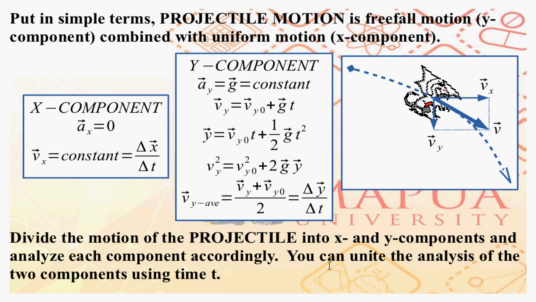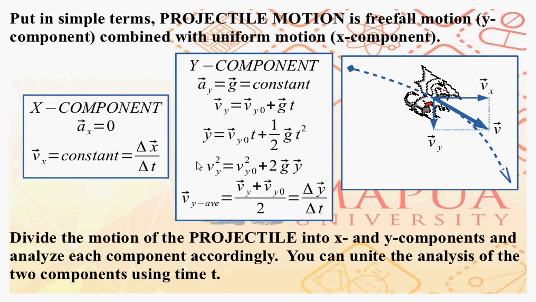So we can unite the analysis of the two components using time t. So again, when you are presented a projectile motion problem, just divide the motion of the object into x and y component, analyze the x component separately from the y component, and then just unite the two analyses using time t.